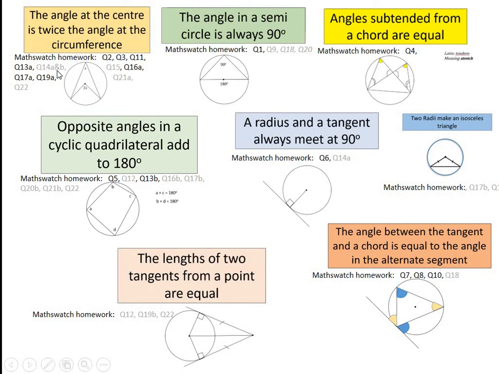So the ones in grey, you might also need to use one of the other theorems. Let's have a look. I think question 18 uses the alternate segment theorem, and the angle in a semicircle is 90 degrees. So I hope that helps.